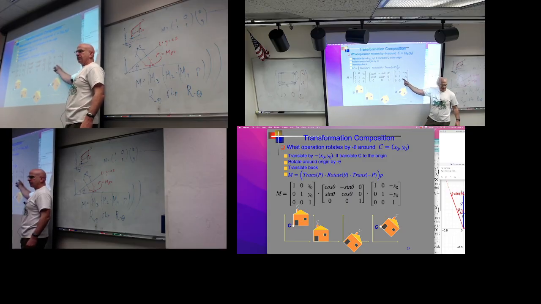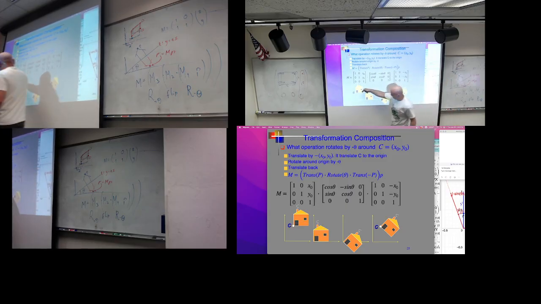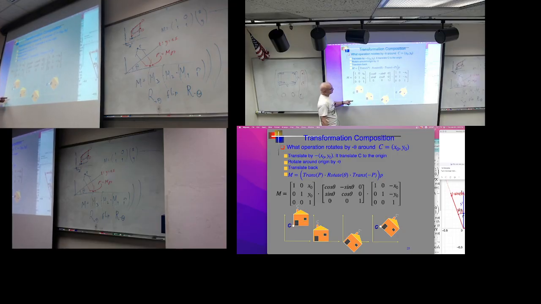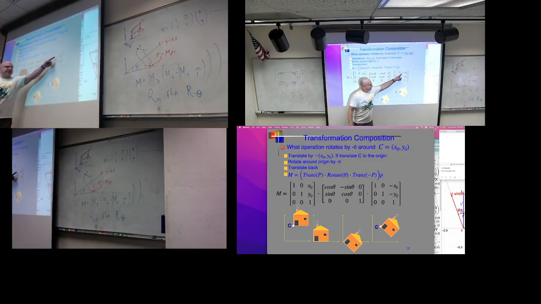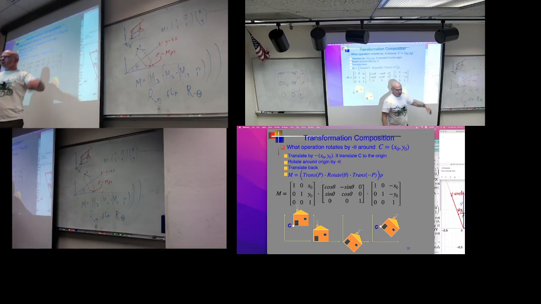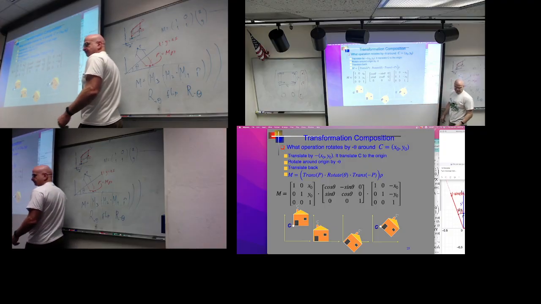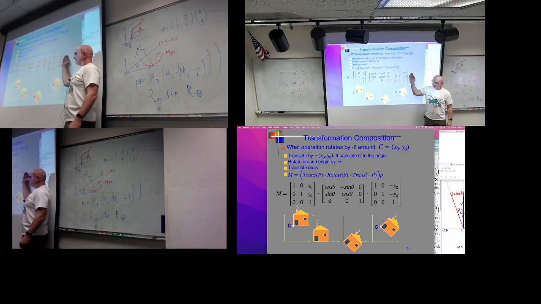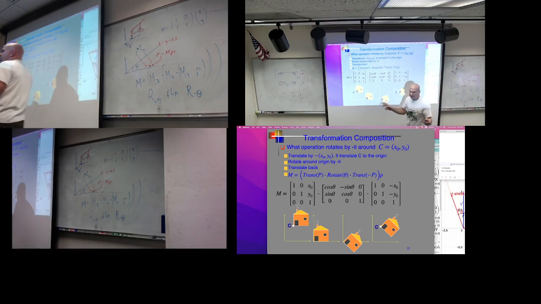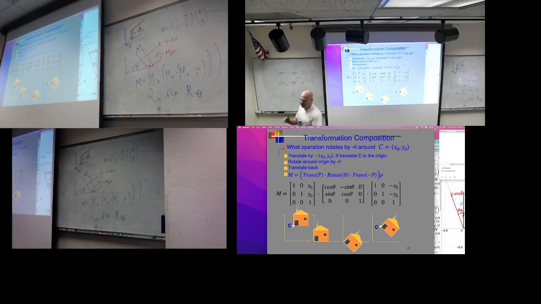This matrix does shifting by minus C. Notice minus x0, minus y0. Also notice the order: the order of multiplication is from right to left. We multiply from the right. By the way, in graphics texts you might find it either multiplication from the right or from the left.